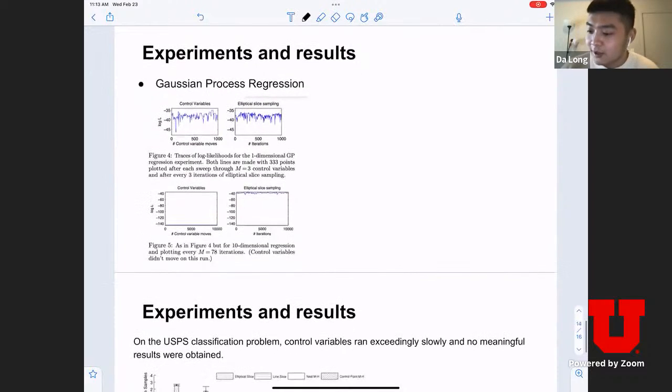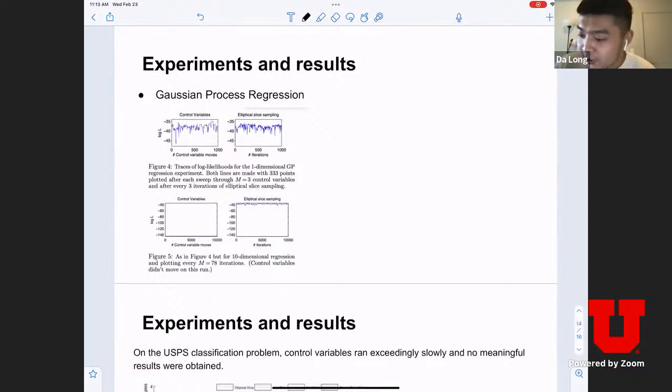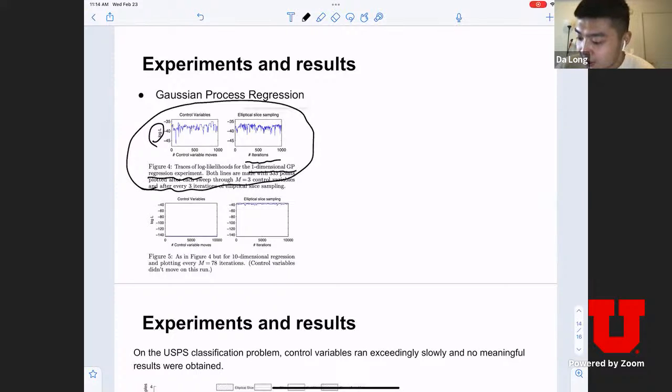Okay, so this is the experiment results, and the first one is the Gaussian process regression. He compared the log likelihood as the iteration goes on. The above graph is for the 1-dimensional GP regression, and this one is for the 10-dimensional regression.